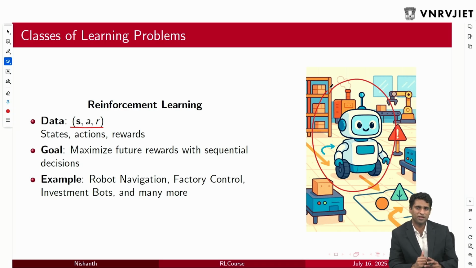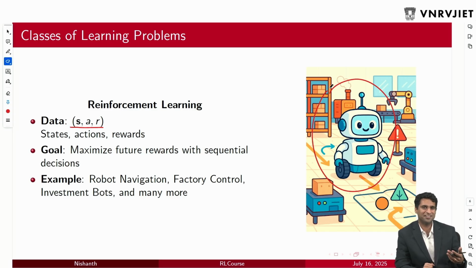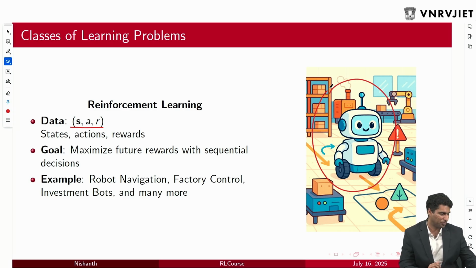So reinforcement learning has a lot of examples. Historically, it has been used a lot in inventory management or power plant optimization and things like that. And with the recent trends in deep learning, it is being used increasingly for robotics and self-driving use cases. So that's sort of an introduction to reinforcement learning.